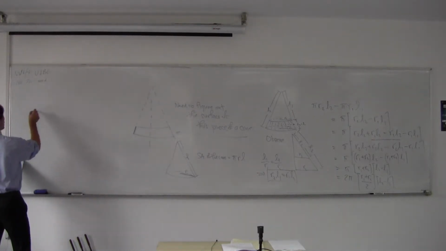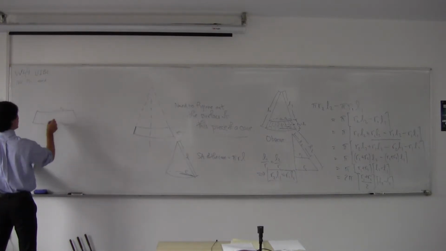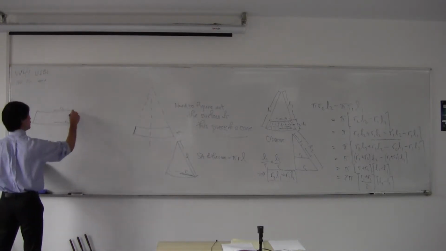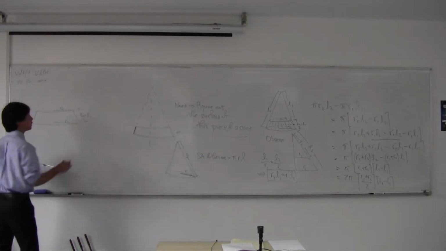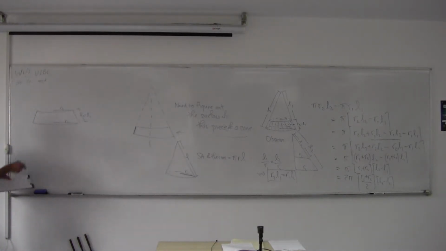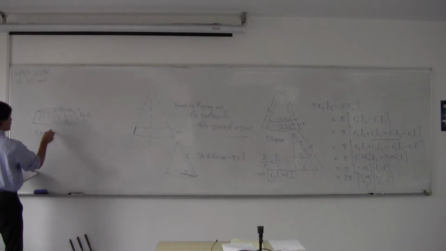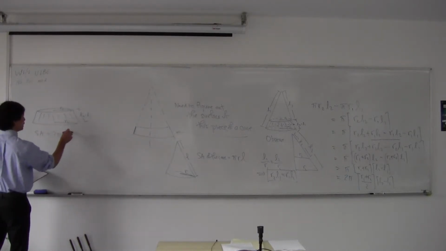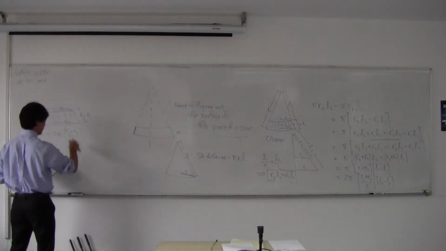Here, if I have something like this, and the radius here is R1, and the radius here is R2, and this is some length, L2 minus L1, then the surface area of this object is going to be 2 pi times the average radius times this height, times this length.